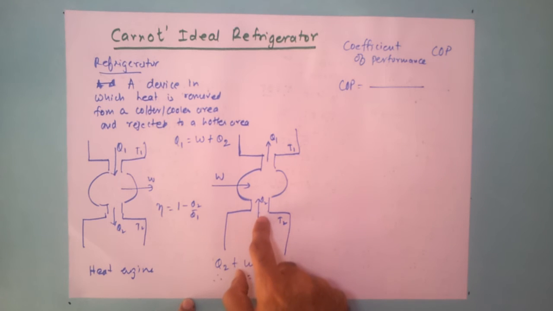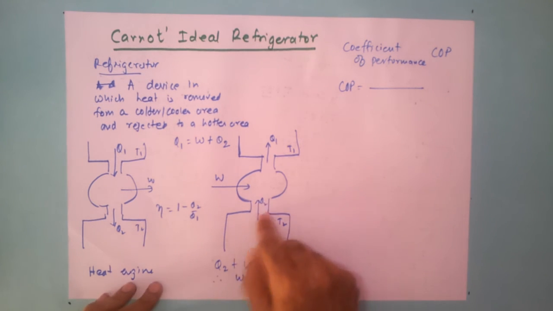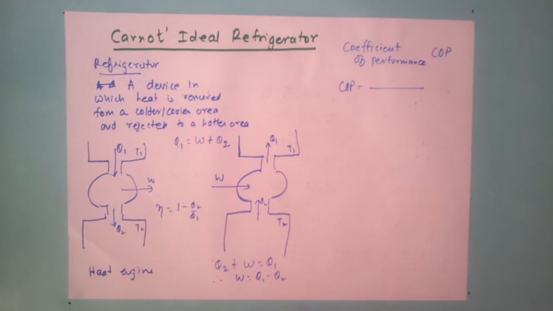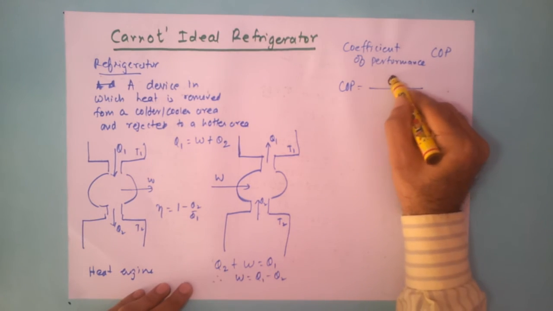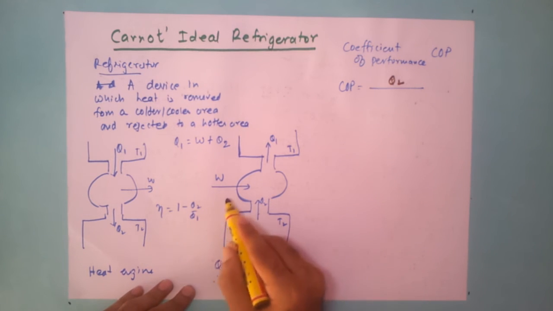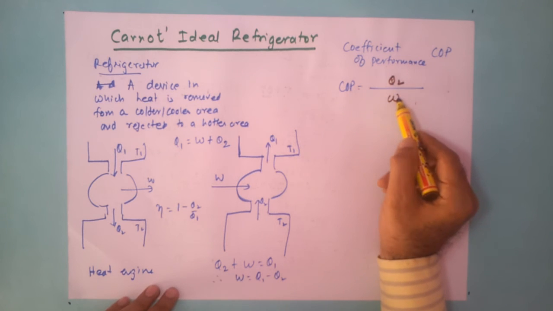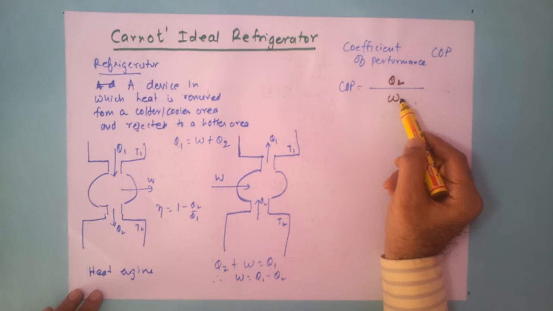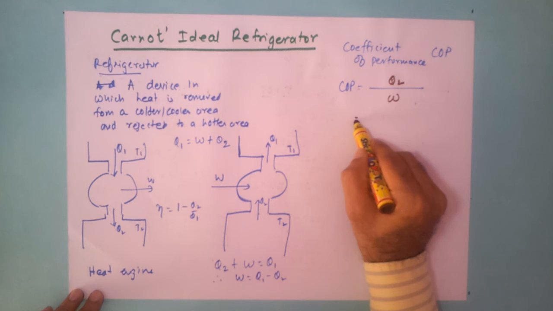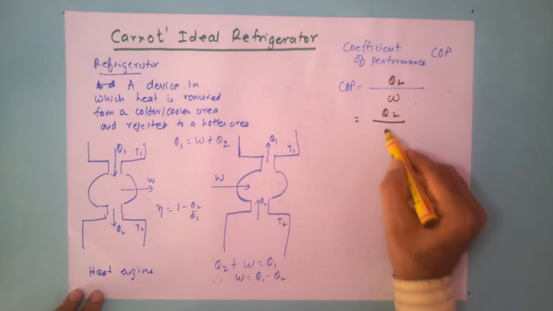So this is its objective, and therefore we will consider Q2 as the output. And for doing that, what is the energy given, or what is the input? Input is W. So I get COP equal to Q2 upon W. Now what is W? W is Q1 minus Q2.